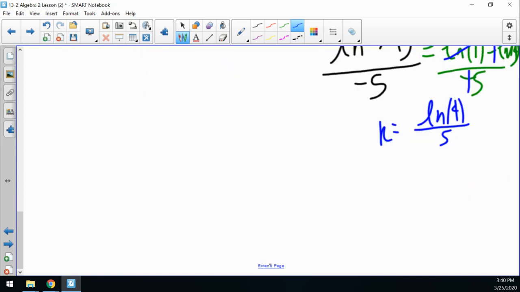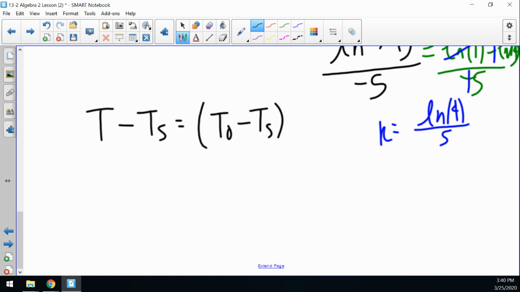We're going to go back to our original problem, and say that we want T minus Ts is equal to T0 minus Ts e to the negative kt power. Now we're going to plug in everything that we know. We want our temperature to be 20.